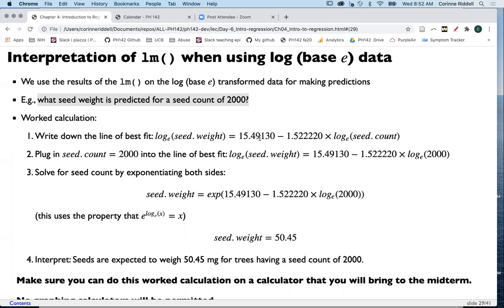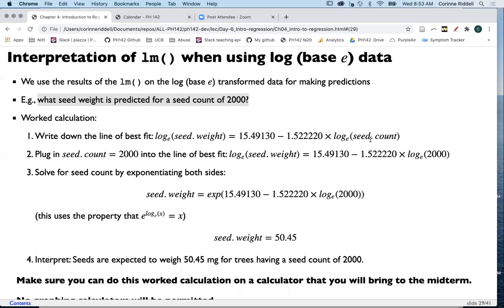Then the plus bx was adding the slope times x. The slope is negative 1.52, so you're adding a negative, multiplied by your x variable, which is the log of the seed count. So this is our formula.